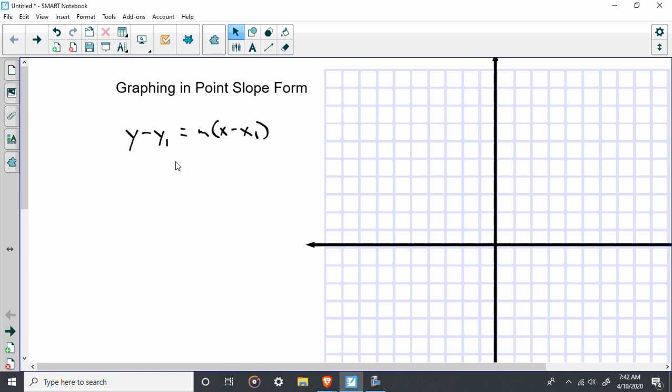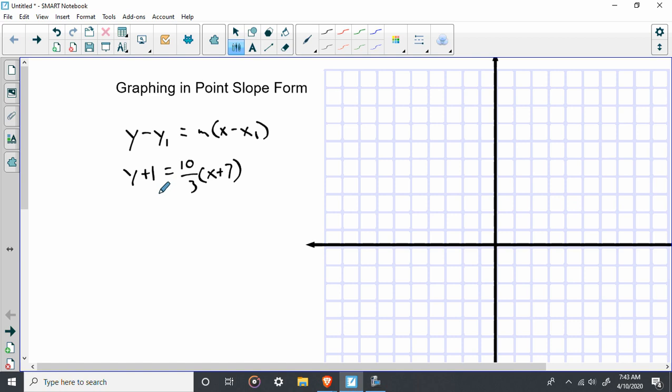What if I said y plus 1 is equal to 10/3 times x plus 7? I know you're thinking, can I distribute the 10/3 and subtract 1 and it'll be in slope-intercept form? Yes, but the problem is that 10/3 times 7 is not going to give you a nice pretty number.